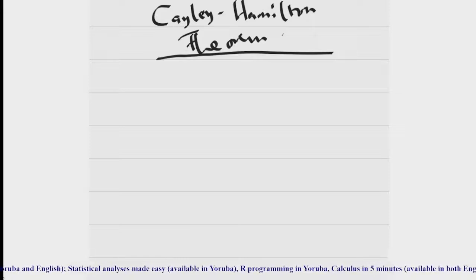Then you are going to learn how to find the characteristic matrix, characteristic polynomial, characteristic equation, characteristic root, which is also the same thing as eigenvalue, and characteristic vector. But before I proceed, what is the Cayley-Hamilton theorem?